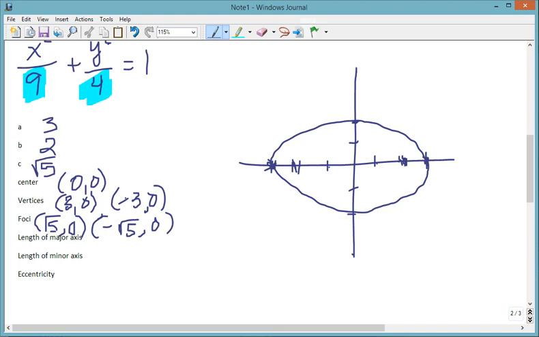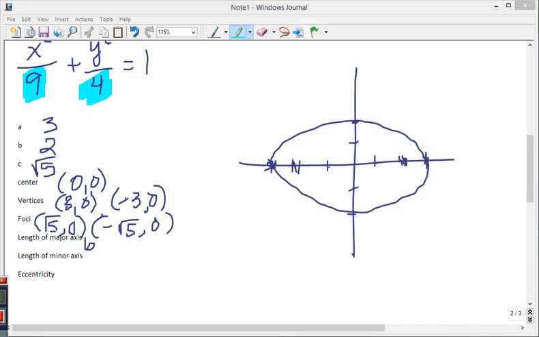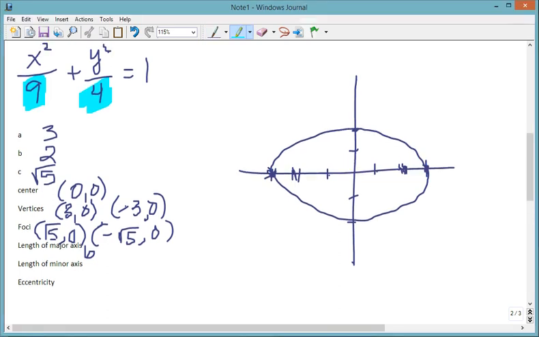The length of the major axis, that would be this whole length here, right? And you know that from here to here is A, so that would be 2A. So that would be 6. And the length of the minor axis would be this one, right?